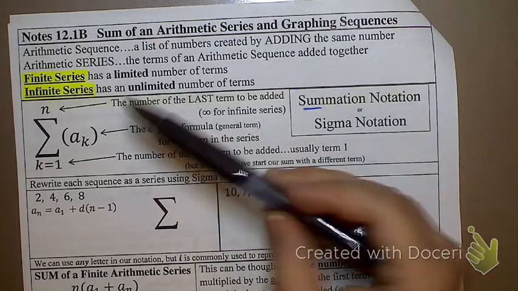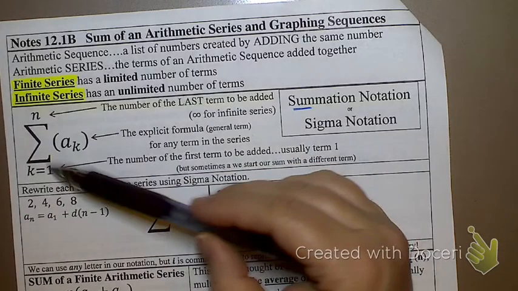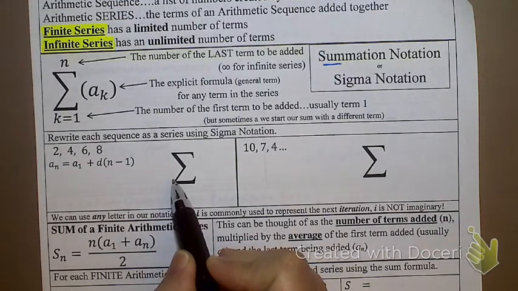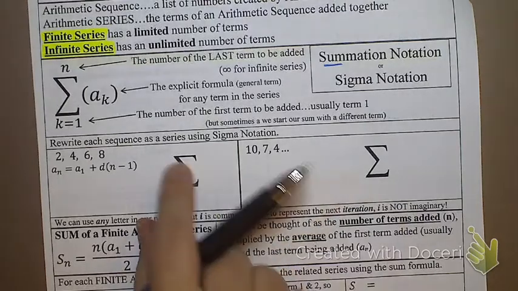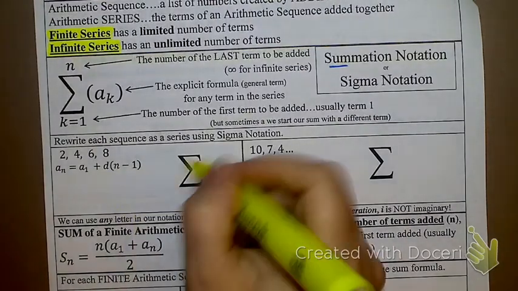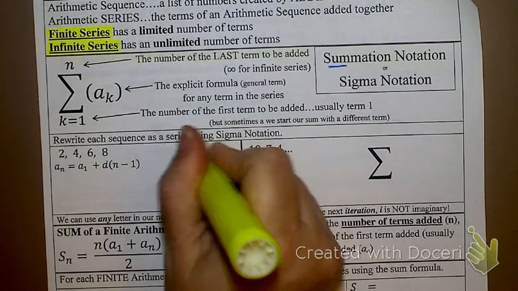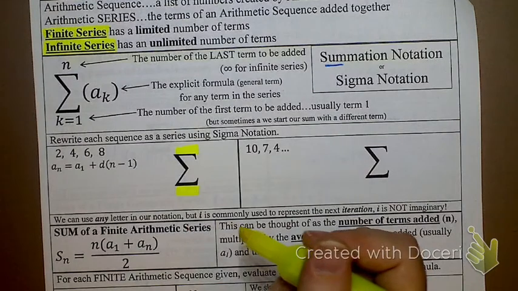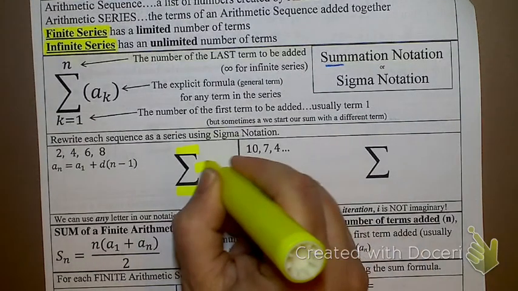Okay? So I'm going to go through here a little quickly, and I'm going to jump down to here to show you how we actually make a sigma notation. So the first thing you do is you draw your sigma. After that, there are three things that you need to fill in for your sigma notation. One is above, one is below, and one is on the right side.